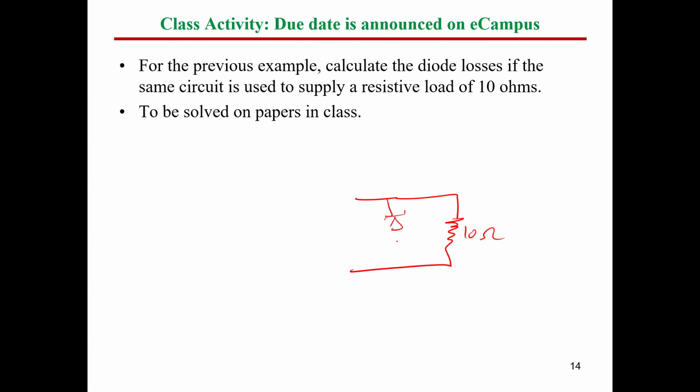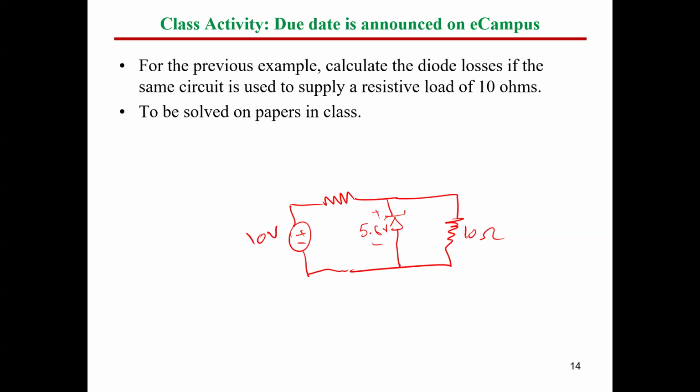The Zener diode is here, and you know this is 5.6 volt, and we will have a resistance here, and this is our main power supply here, which is 10 volt. So calculate the diode loss if the same circuit is used to supply a resistive load of 10 ohms. Is it going to be different or not?